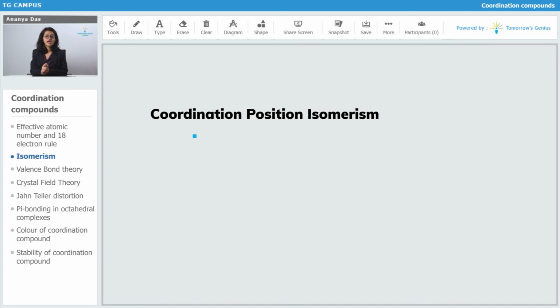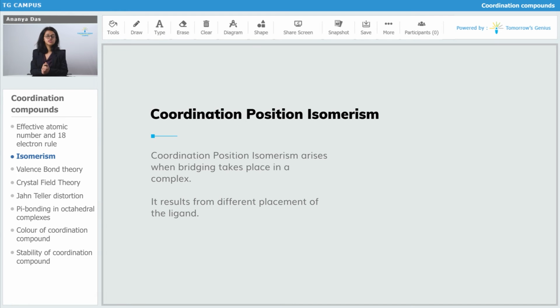So the next and the last type of isomerism in structural isomerism is coordination position isomerism. Coordination position isomerism arises in those complexes in which bridging takes place, and it arises from the exchange of ligands between the two metal ions. Like this is a bridging complex.